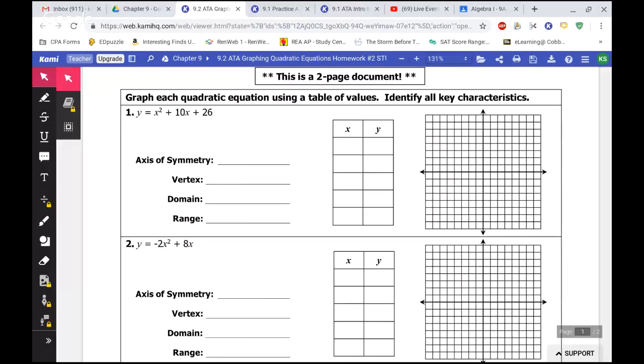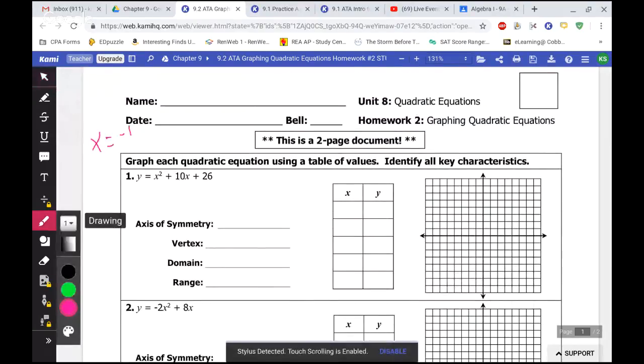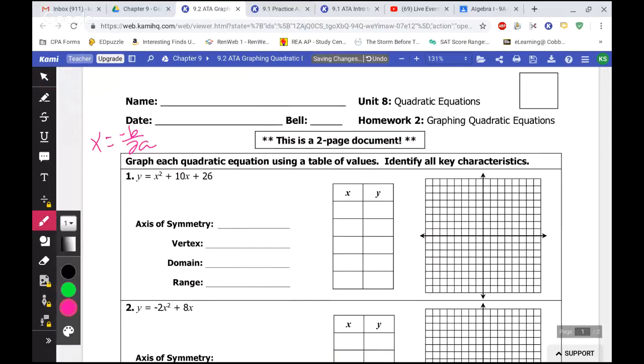So the axis of symmetry, as we remember, is the formula, the opposite of B over 2A. And we just apply that. So on number 1, what is our B value? 10. Yeah.